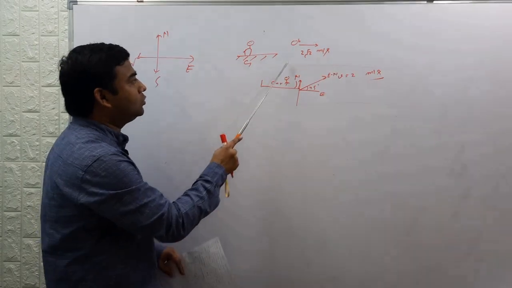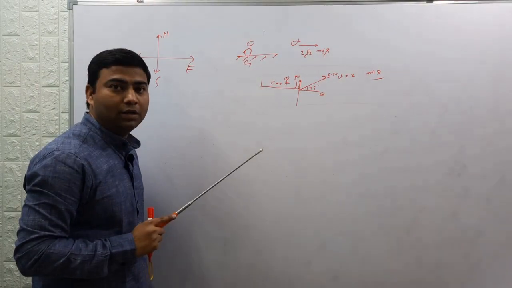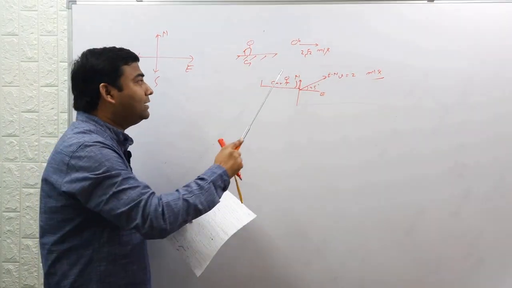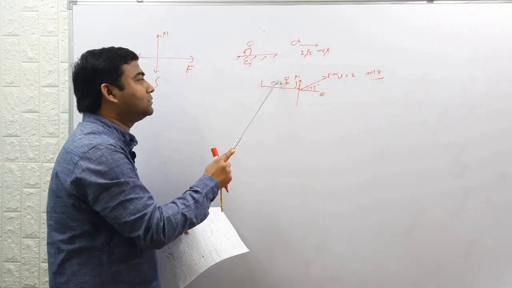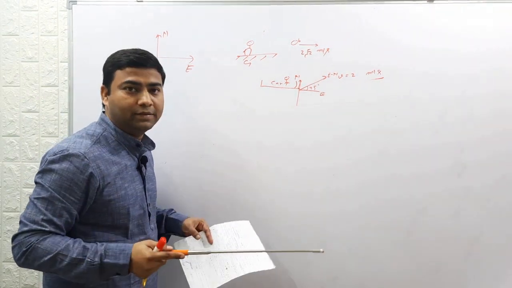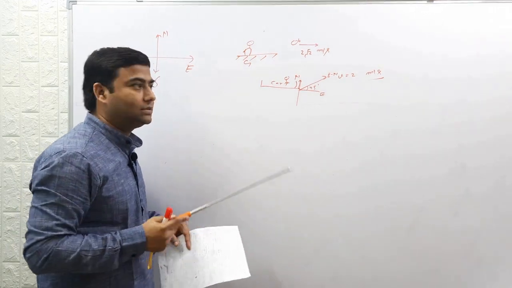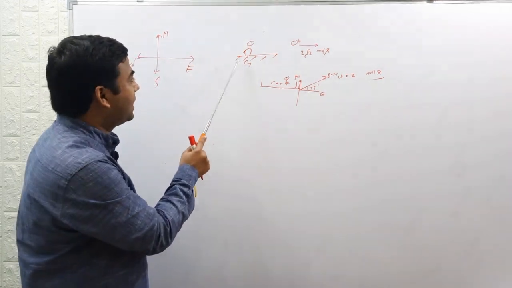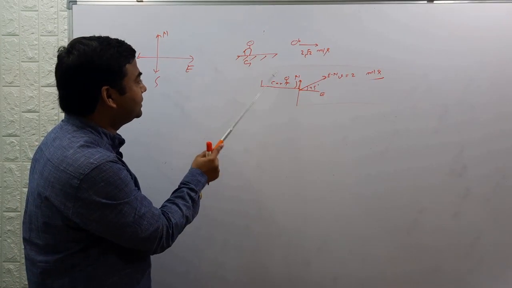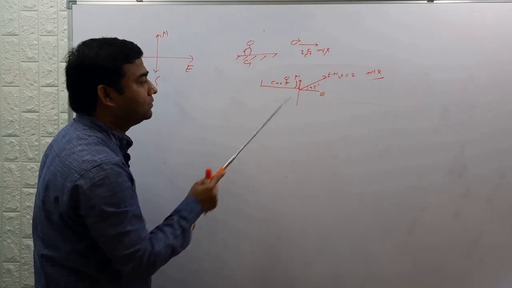From here I want to observe the motion of this ball. What will be the velocity of the ball with respect to this new reference frame where I have arrived? So this is my old reference frame, this is my new reference frame moving with velocity v in the east-north direction.